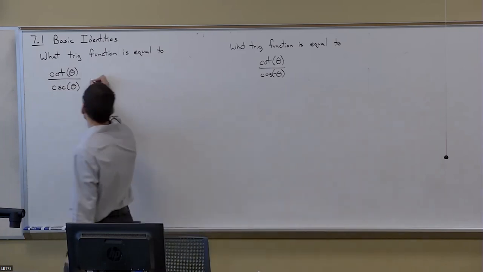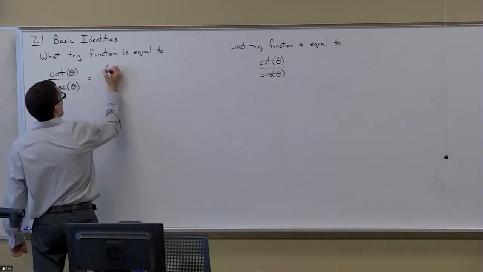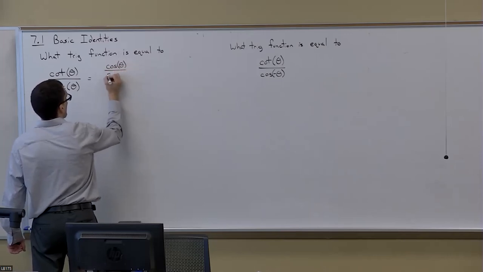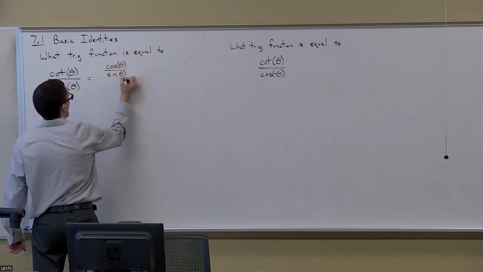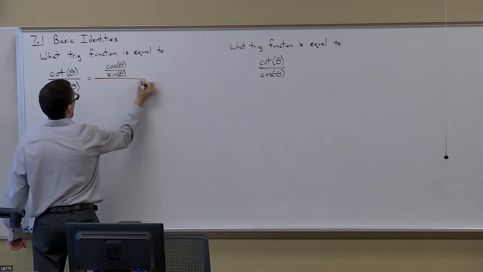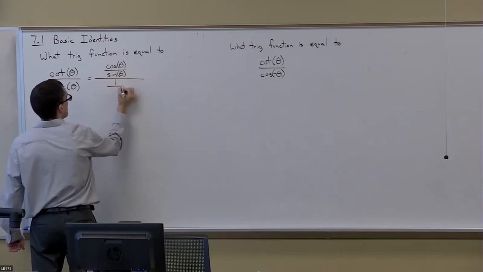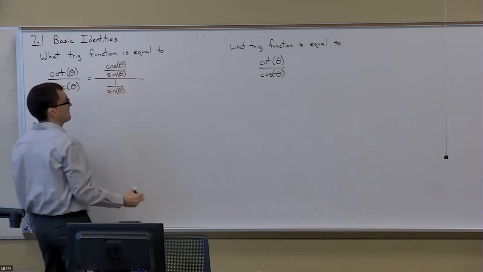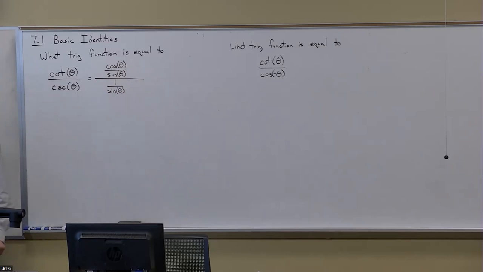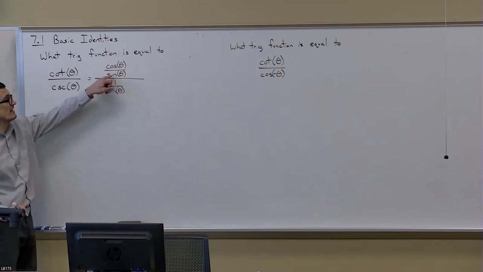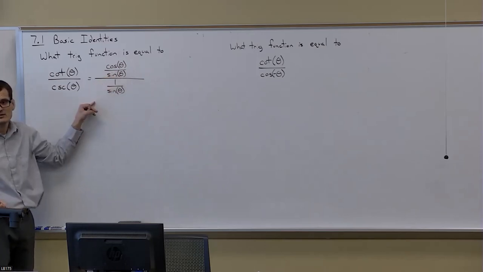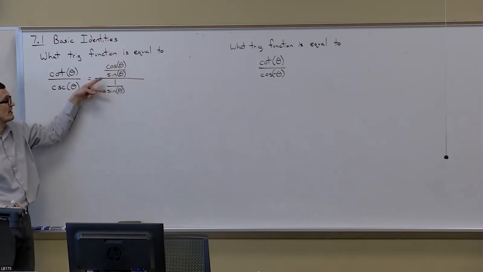Cotangent is cosine divided by sine. Cosecant is 1 over sine. Now, some people right now can just say, oh, we have a sine in the denominator, sine in the denominator, so they're both going to cancel out.